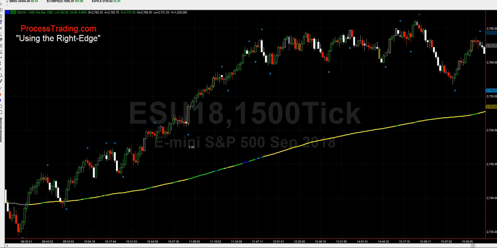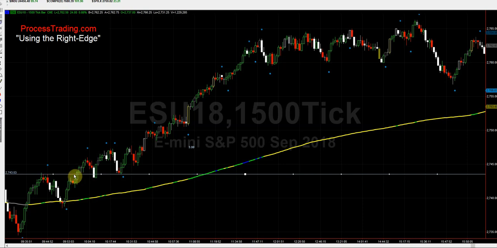Let me see if I can get a horizontal line here, right around there. So that is where we place our order entry associated with this timing alert dot.